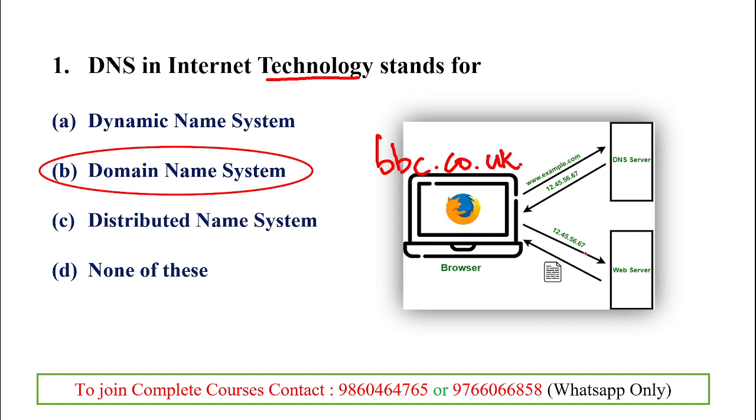So the data will be more secured by doing this, by converting the IP address into a readable format, and again it can be converted into an IP address. So it will secure our data. Clear? So the DNS stands for domain name system.